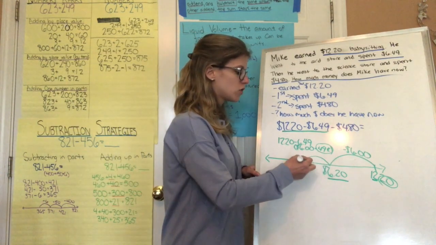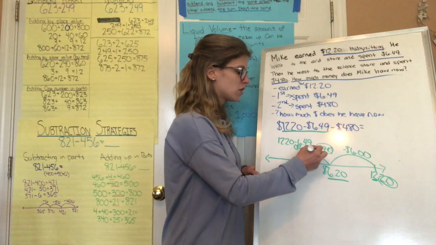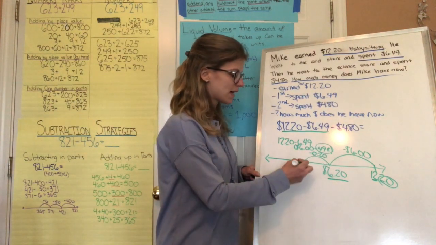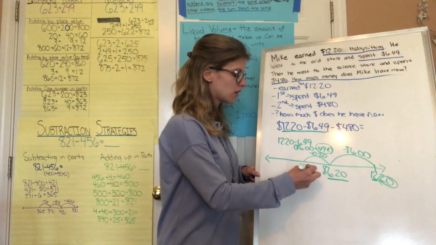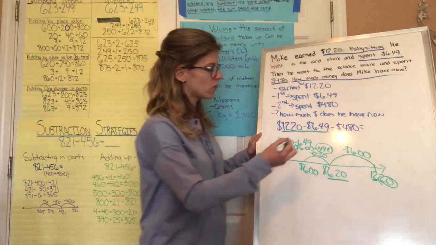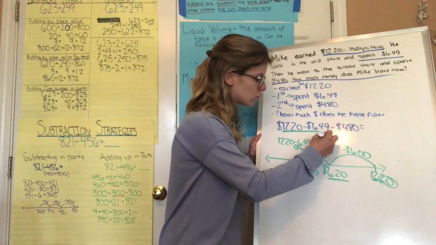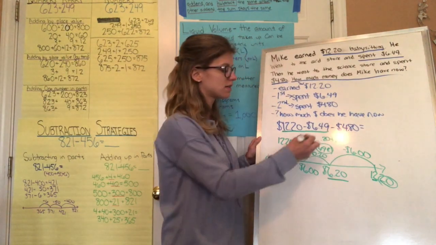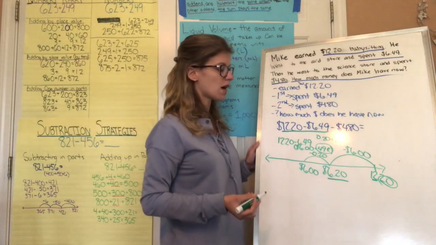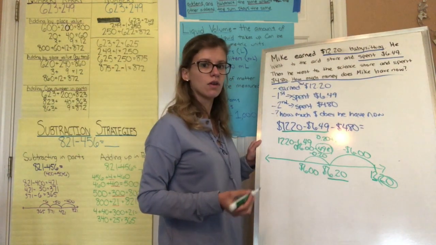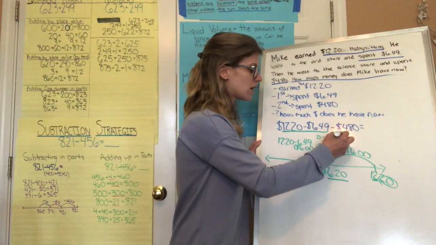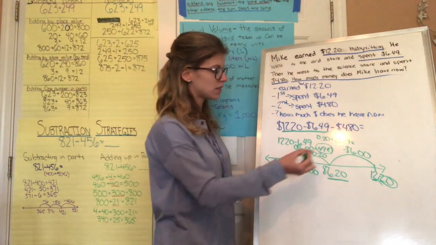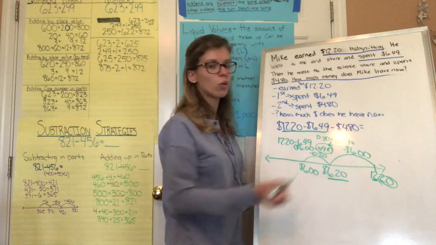I can first take away 20 cents to get to $6. Because I know that 20 cents plus how many cents would equal 49 cents? 20 cents plus 29 cents would get me to 49 cents. So I still need to take away 29 cents.